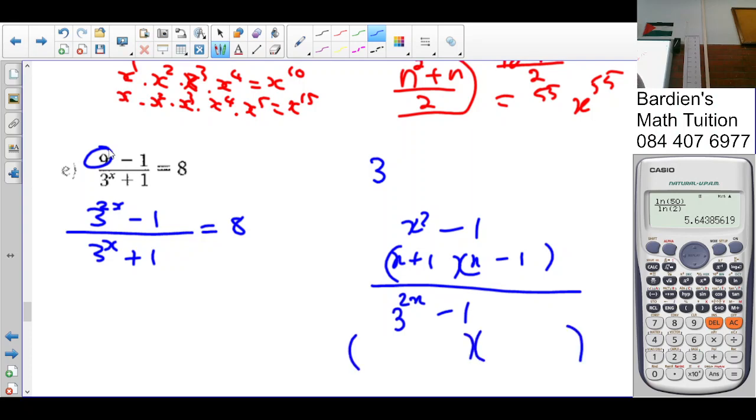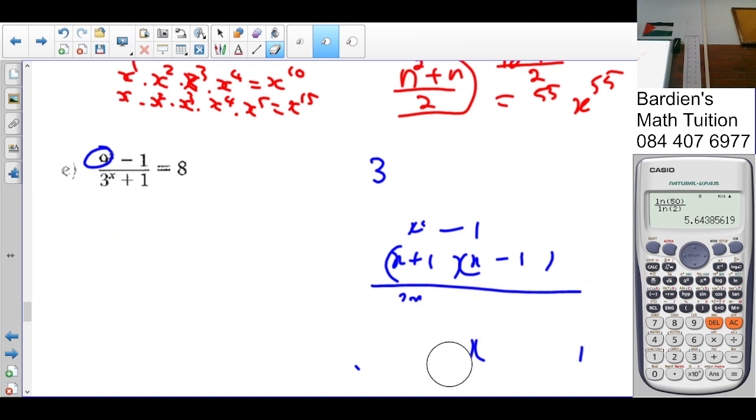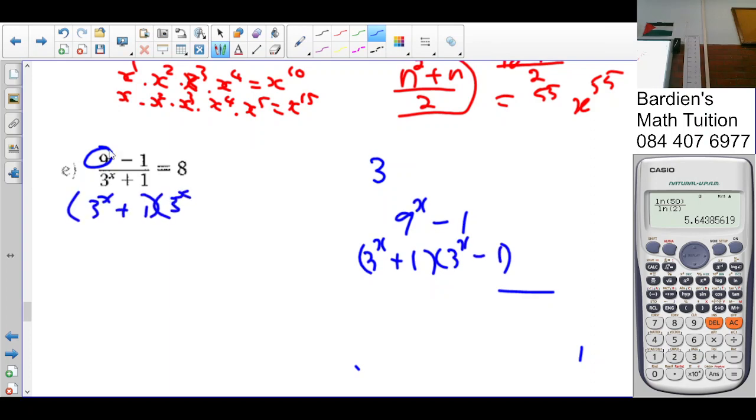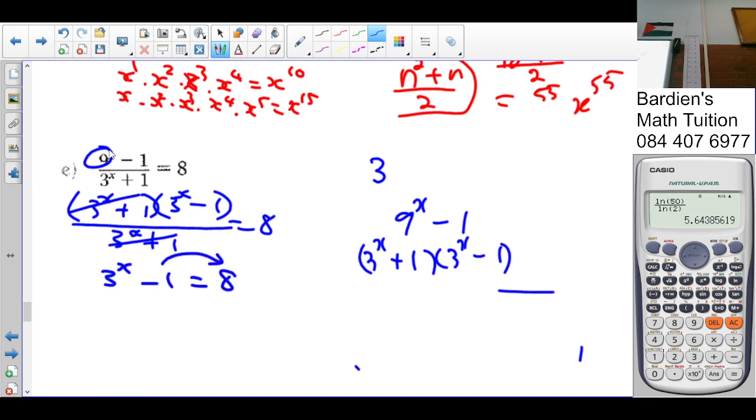So I didn't even have to write this line. I could have gone straight into 9. So 9 was a perfect square. Not so? So that's going to give you 3 to the x plus 1, 3 to the x minus 1, over 3 to the x plus 1 equals 8. So that cancels. So 3 to the x minus 1 is equal to 8. Take it over. 3 to the x equal to 9. Therefore x equal to?